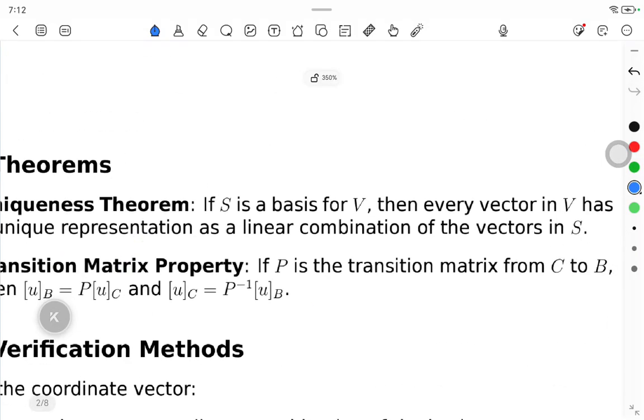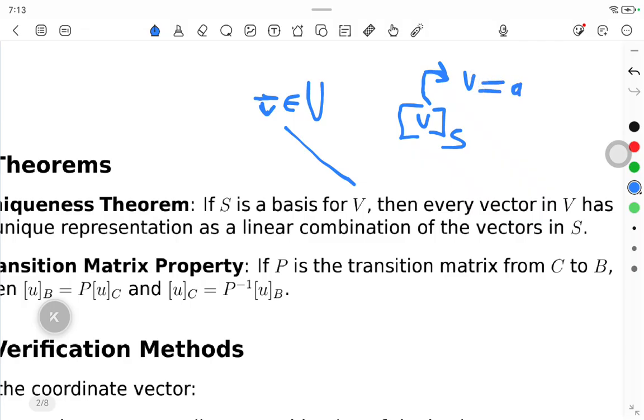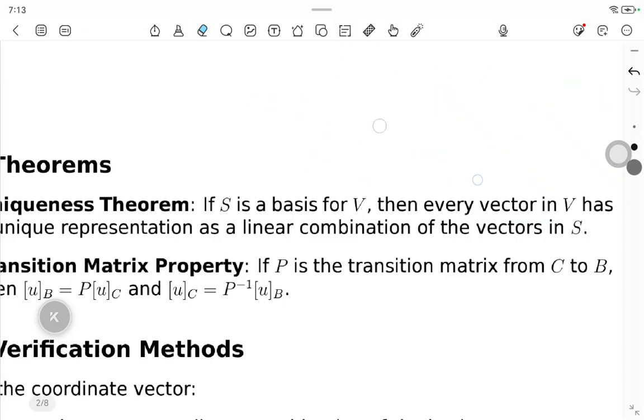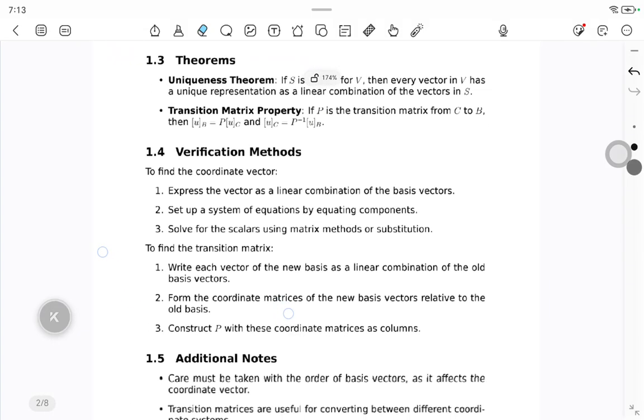If S is a basis of V, and I pick some vector, let's say v, to be an element of V, it means that I can find v related to S. In other words, I'm representing this v as a linear combination of everything that is in S, and so on. You see, right? So this is what the uniqueness theorem is saying. So all these will be applied in the application. This is everything that we are applying.